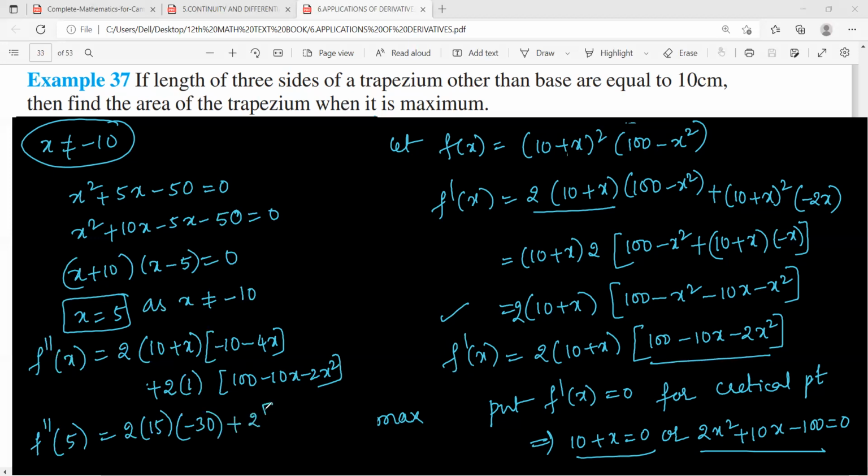Plus 2 into (100 minus 50 minus 25 times 2), which is 130. This is also negative. So negative plus negative is negative. So what is the conclusion?